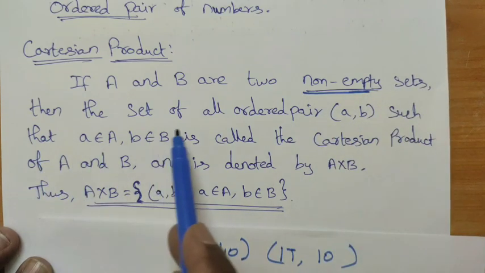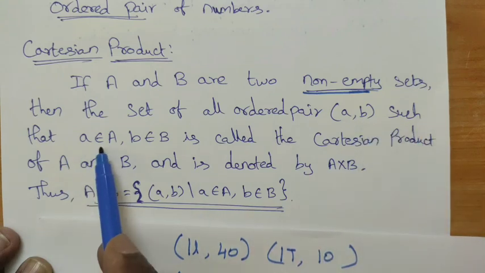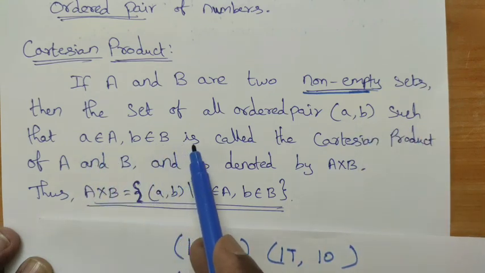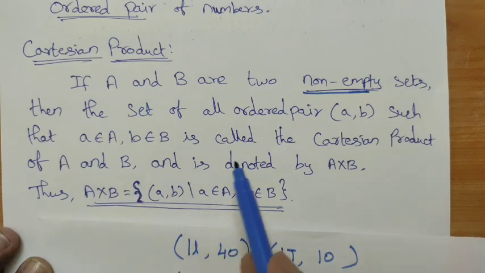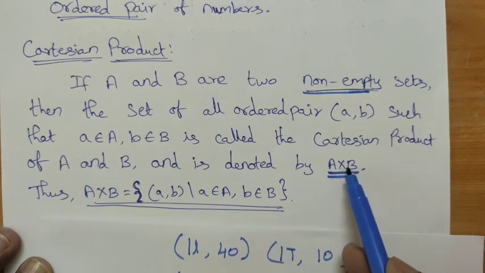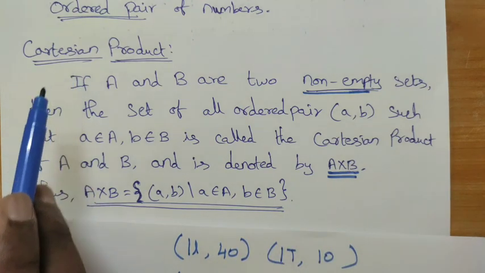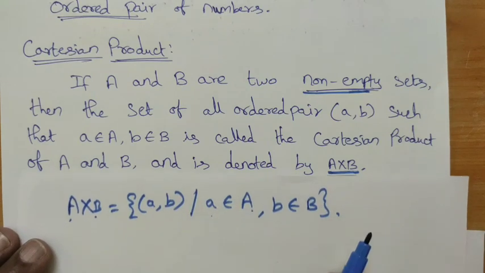Then the set of all ordered pairs (a, b) such that a belongs to A and b belongs to B is called the Cartesian product of A and B, and it is denoted by A into B or A Cartesian B. We can also use the word cross product. Thus A cross B is equal to (a, b) such that a belongs to A and b belongs to B. Now why are we saying it is non-empty?